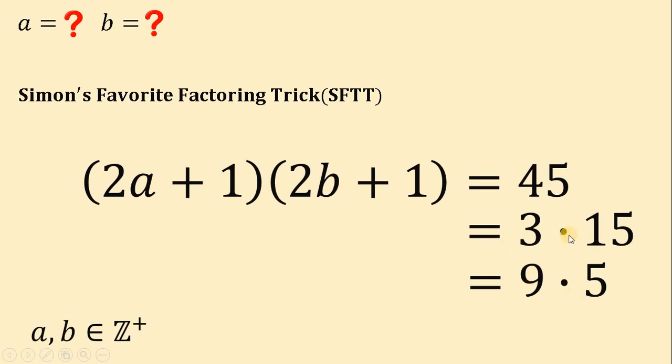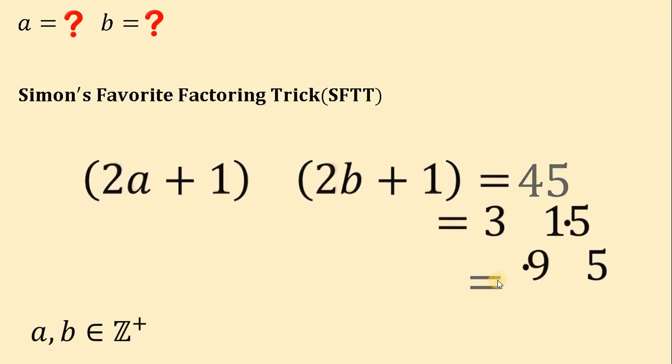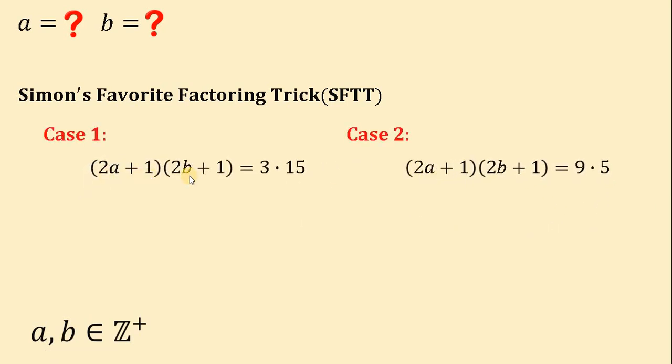So, we have only 2 cases here. The first one is 2A plus 1 times 2B plus 1 must be equal to 3 times 15, and the other case is 2A plus 1 times 2B plus 1 equals 9 times 5. And also, we will do another case wherein this expression must be equal to 15 times 3 and 5 times 9.